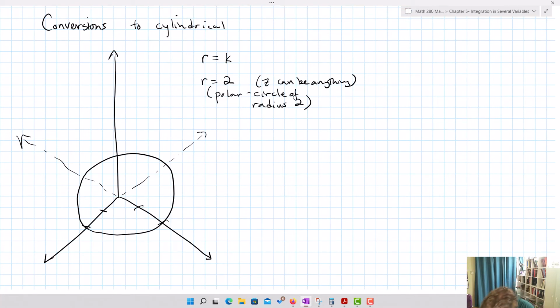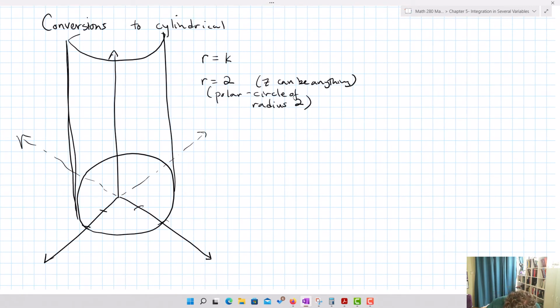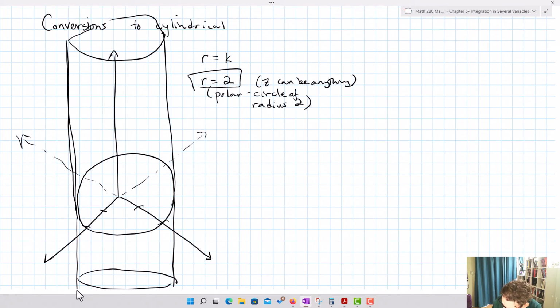And so consequently, what we want to imagine is that you just end up having the circle on every plane for every value of z. And so hence, r equals some constant in cylindrical is literally a cylinder, right? So this form is a cylinder in cylindrical.